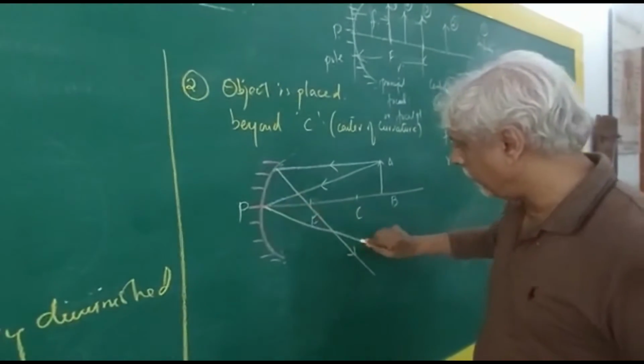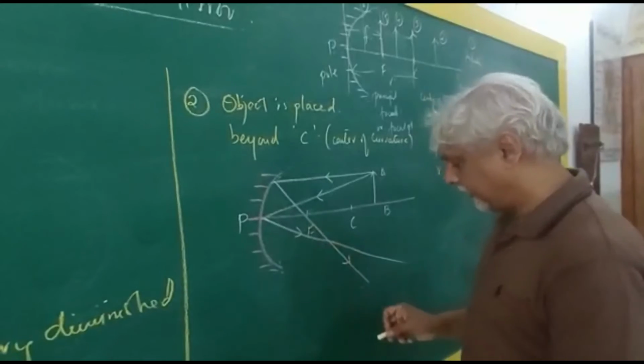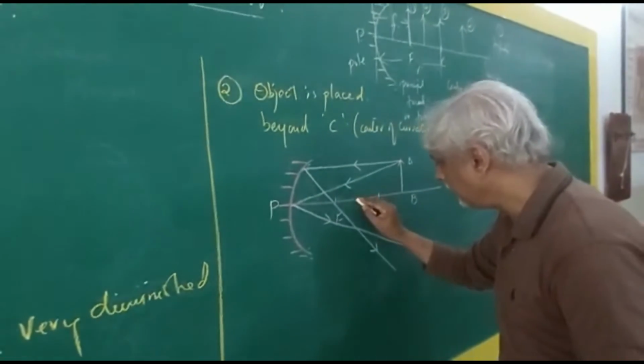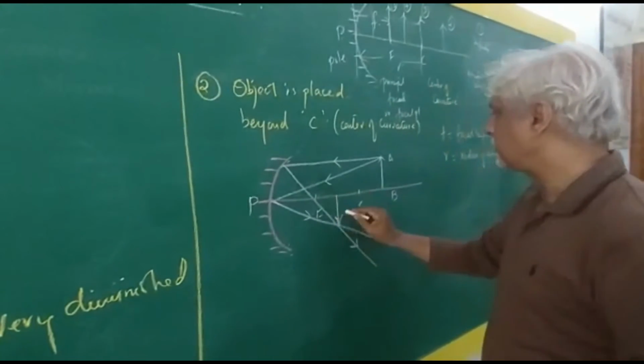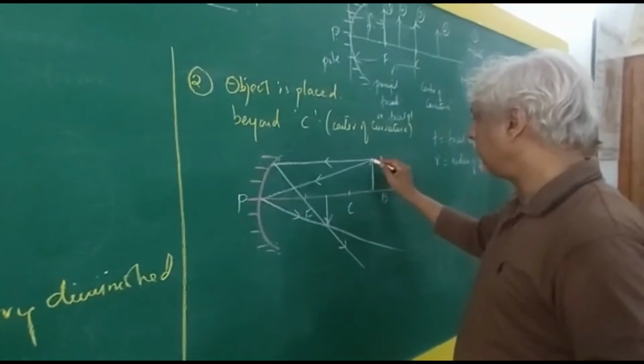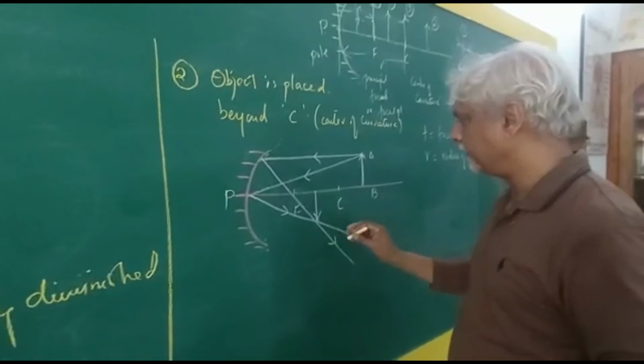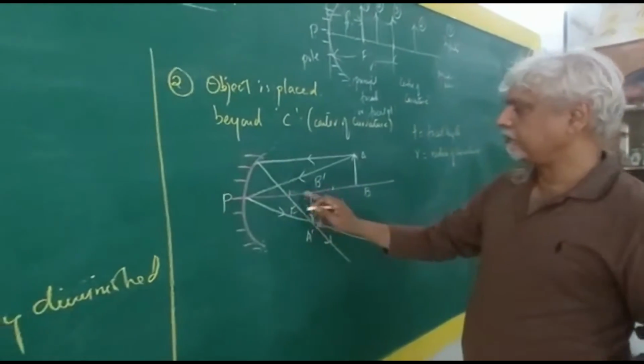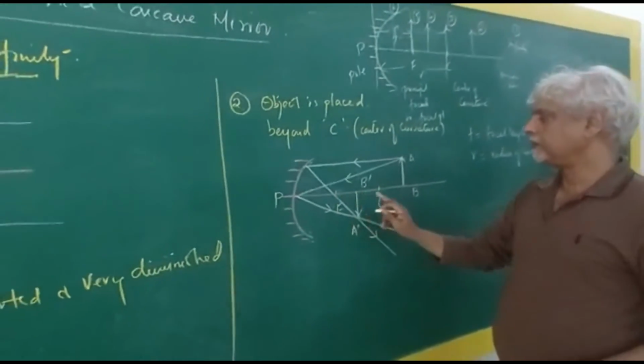So it will form this way. And here the image will appear, and this image is smaller compared to the size of the object.